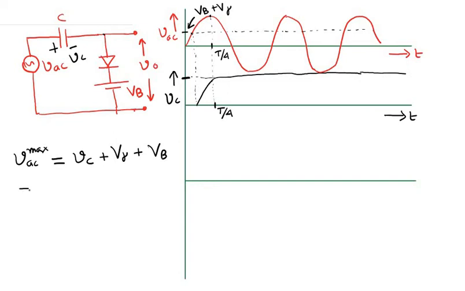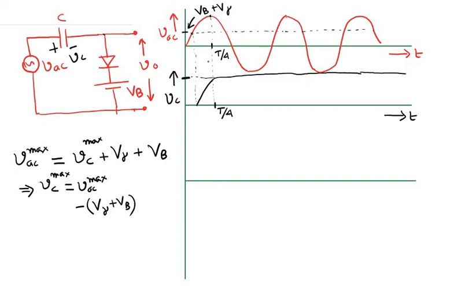So let me write max here to denote the maximum value of the voltage developed across the capacitor. Vc max is equal to Vac max minus V gamma plus Vb.